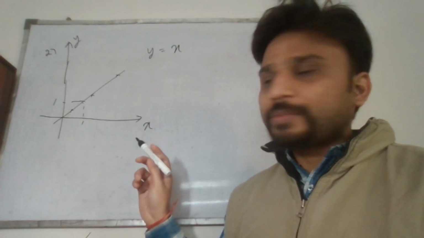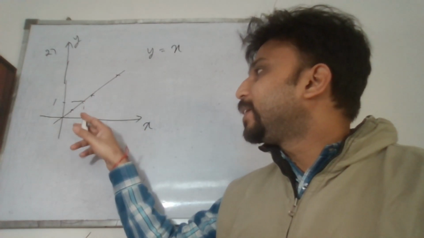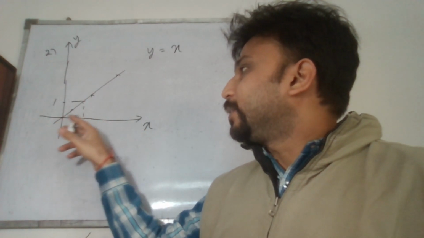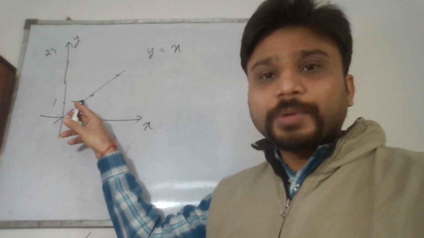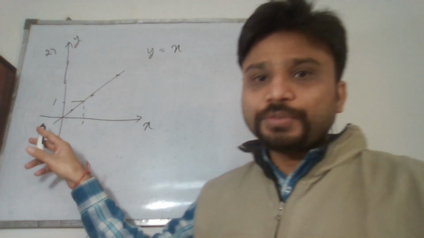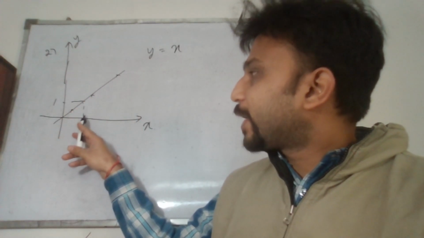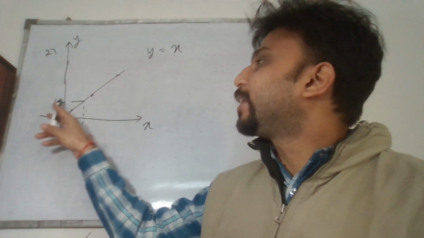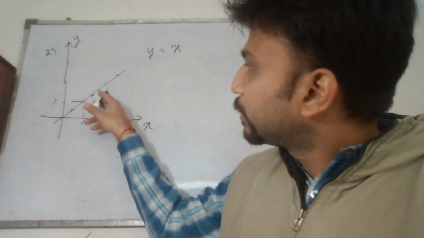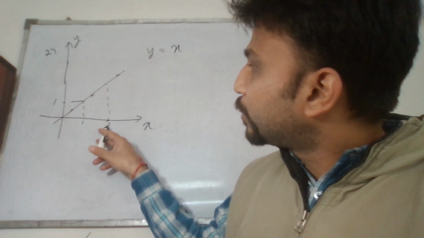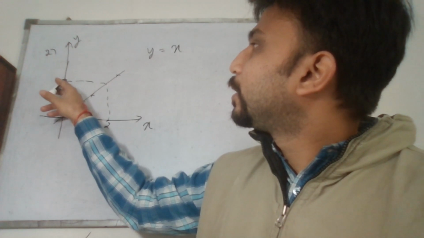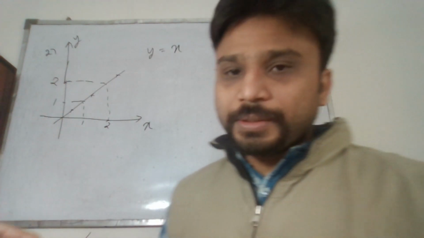Like in the previous video, we took the ratio of the perpendicular to the base to find the slope of the tangent. In the same way, I take x equal to 1 here and y equal to 1 here, x equal to 2 here and y equal to 2 here.